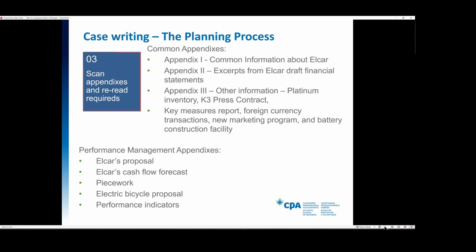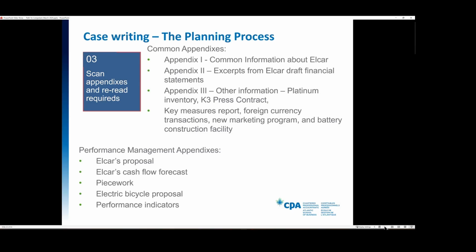Appendix 3 is going to be a very important appendix, because there's all kinds of information there that I know I need: the platinum inventory, the K3 press contract, the key measurements report, the foreign currency transactions, the new marketing program, and the battery construction.